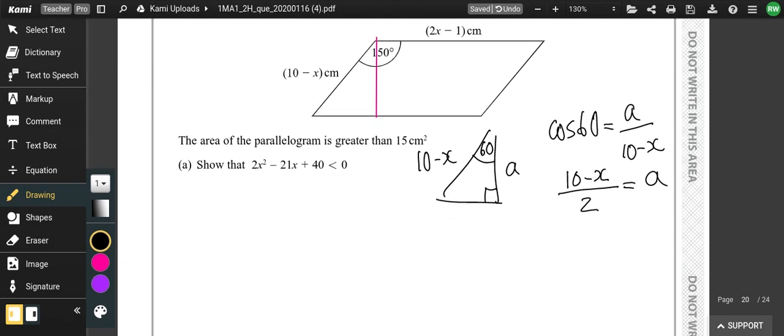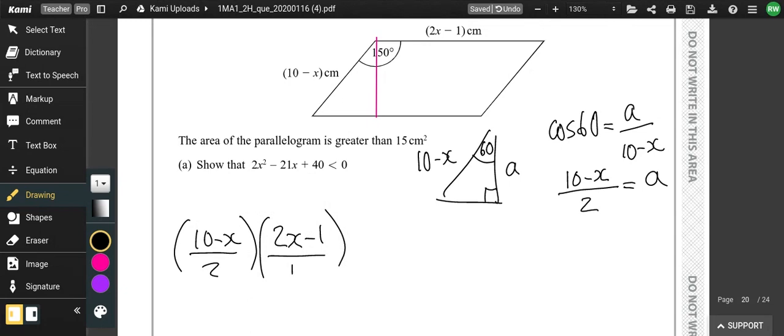So now I can do the 10 minus x over 2 multiplied by the 2x minus 1. Let's just put that over 1 so it's easier. And it says that the area of the parallelogram, which we've just worked out, is greater than 15.